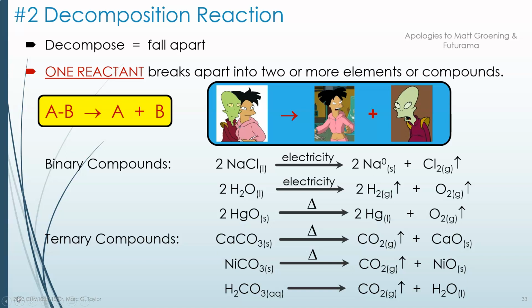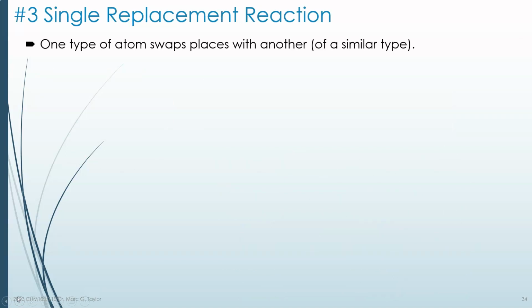So you have to be careful what you're looking at. There is no burning with an oxygen atmosphere here. You're not adding oxygen to the starting material and setting it on fire to make CO2 and water. You're merely taking a single compound and breaking it down into two compounds, and that tells you it is a decomposition, not a combustion reaction.